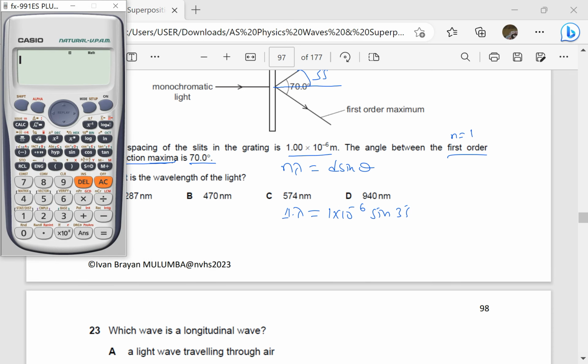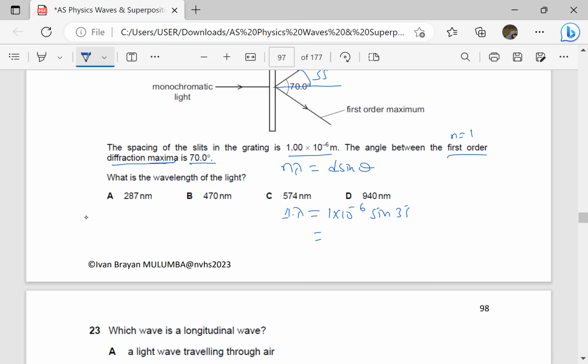So we check with our calculator: 1 exponent negative 6 times the sine of 35. So this gives us 5.74 times 10 power negative 7.